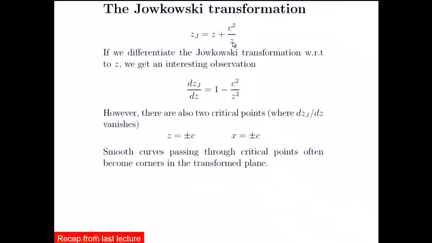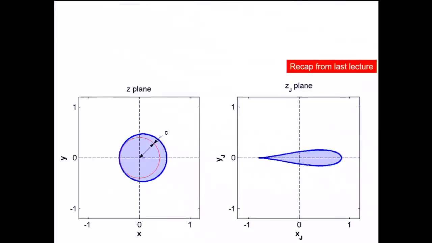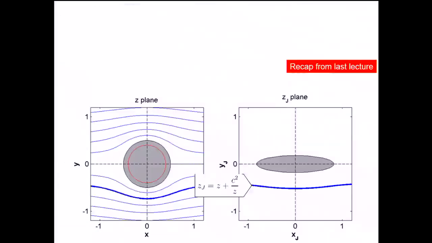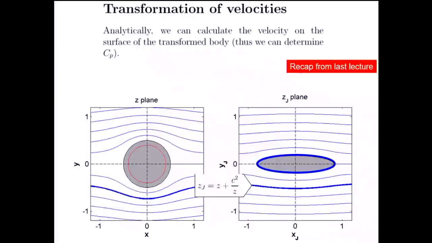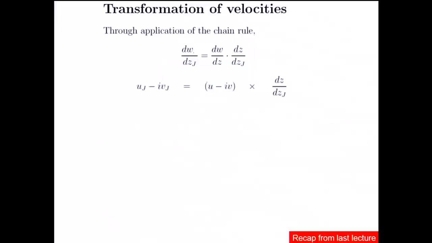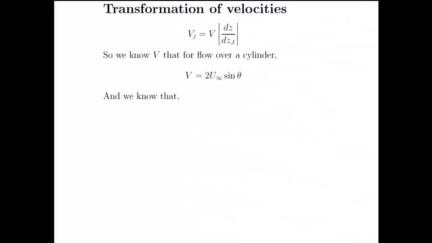So, let me go all the way back. Okay, sorry. So here we just have to flip it upside down because we have zj as a function of z. So it's easier for us to calculate this one. Okay, here we go.